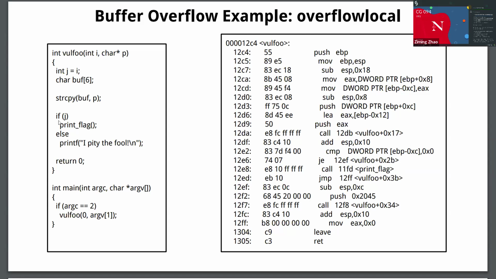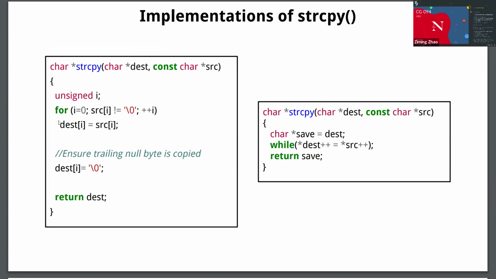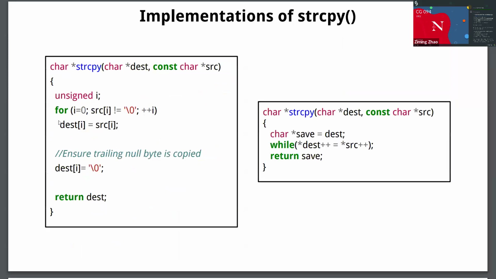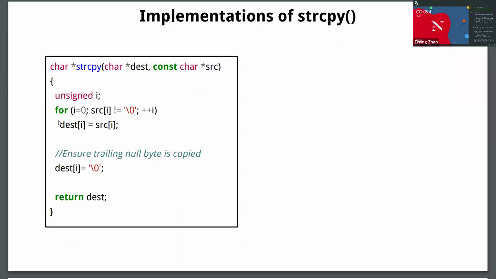Then we are going to look at the binary code line by line to understand how this program works. Before that, let's look at what the string copy function does. This is a function you should not use anymore. It's still part of the C library, but it's a dangerous function because it will trigger those kinds of overflow.